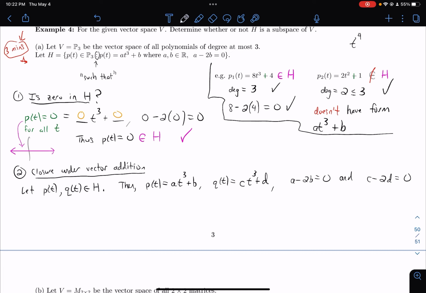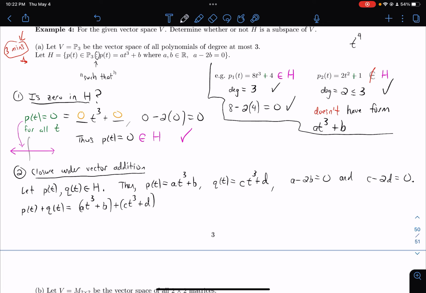Okay, now I need to see, when I add them, is that still in H? So if I add them, I get P of t plus Q of t. I'll get the first polynomial, a t cubed plus b, added to the second one, c t cubed plus d.